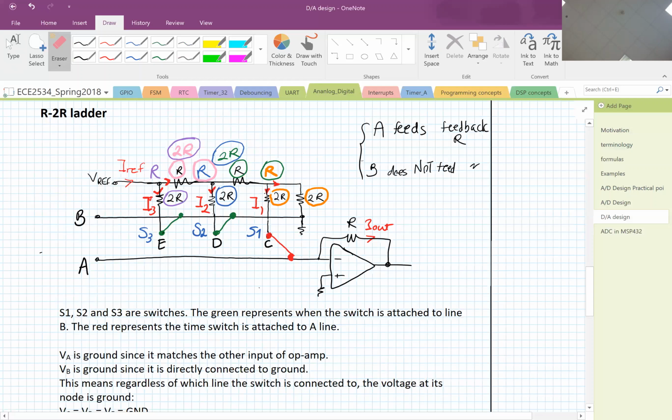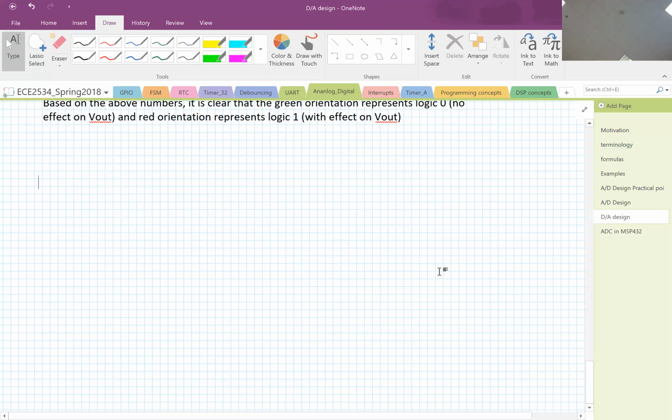Let's do some quick example questions that I can ask you, and you answer. One of the first ones: for a D2A with N equal to 10, how many 2R resistors do we need?